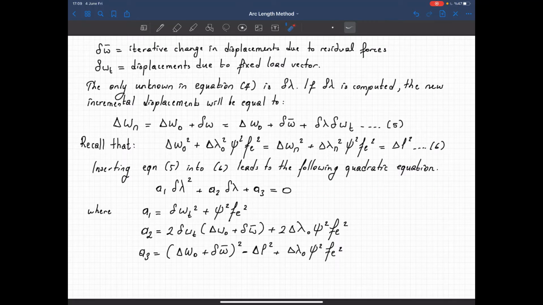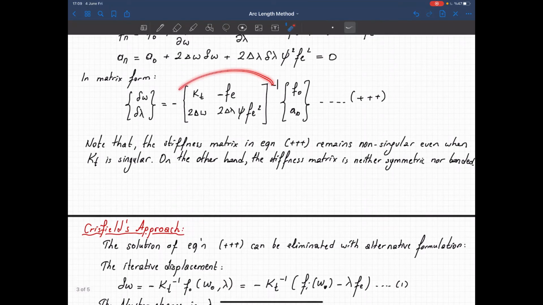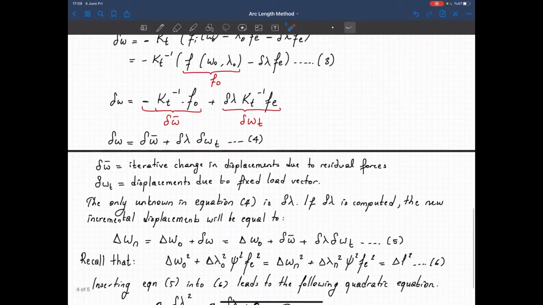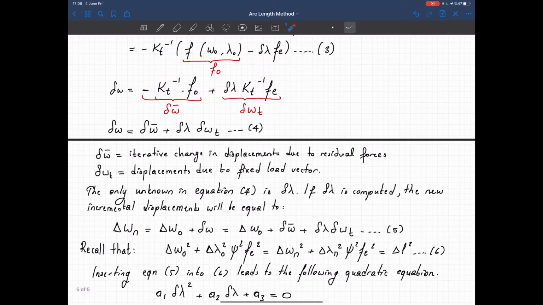But in this approach, in order to determine this delta lambda, I don't have to solve or factorize the full matrix. And once I determine the value of this one, I can determine the value of the displacement increment.